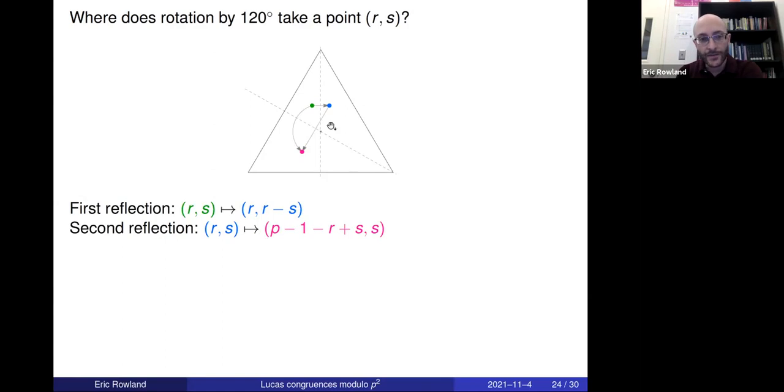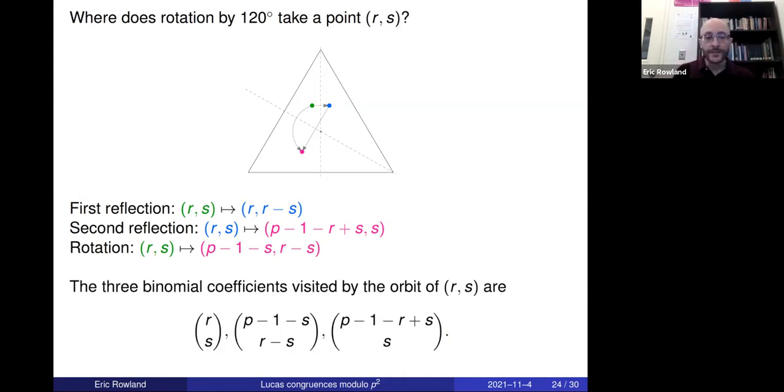This is the second reflection about this line. It takes this point to a point with the same second coordinate. So it takes R comma S to something comma S because it's the same offset from the left edge of the triangle. And this works out to be P minus 1 minus R plus S. And so if you compose these two, you get the rotation.